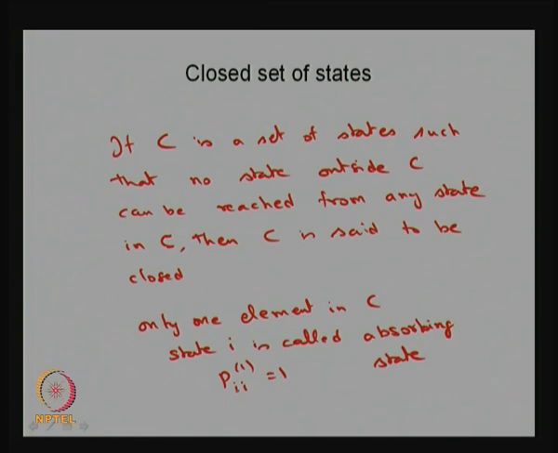The system starting from state i moves in one step into the same state i with probability 1. If this probability is 1, then we say that state is an absorbing state. The other way around, you can define the absorbing state as a closed communicating class with only one element. So there are two ways to define an absorbing state.